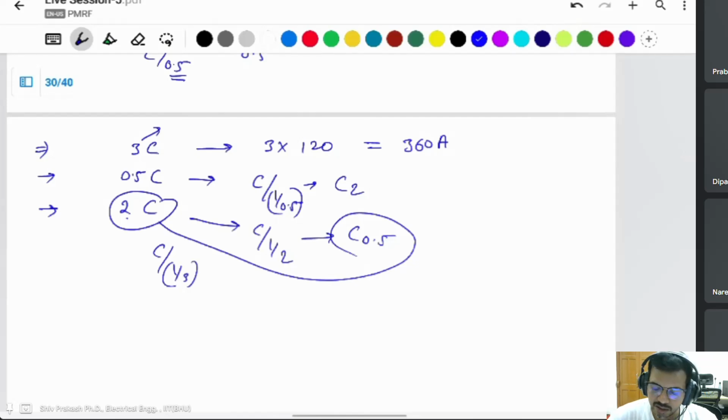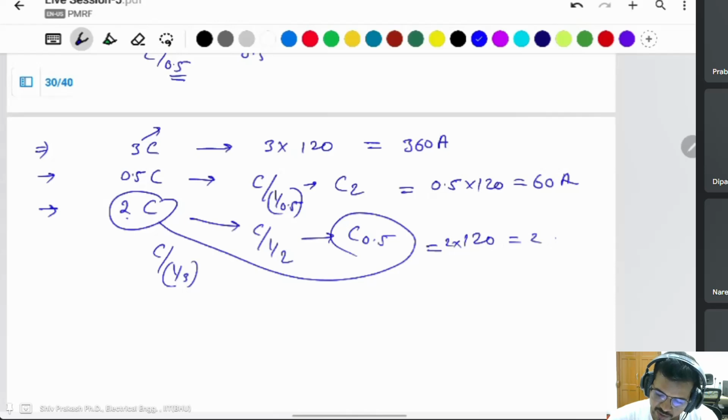To calculate the current rating of a battery with 0.5C, simply multiply 0.5 into 120. It will be 60 ampere. Sorry, if 2C, then 2 into 120 will be 240 ampere. Then this is the C rating of a battery. If it is given on the left side, it is simply multiplication of the capacity, then you can find the current rating.